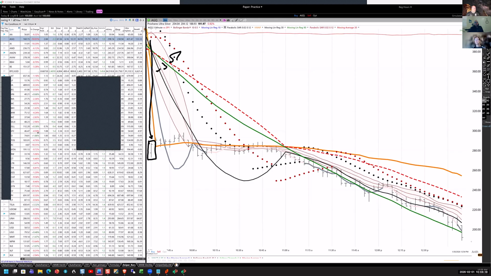So now, interesting, let's just check something from the gap. The gap was about, call it 270. The R5 is $12. So 270 plus 12, so 282. That is an R5.